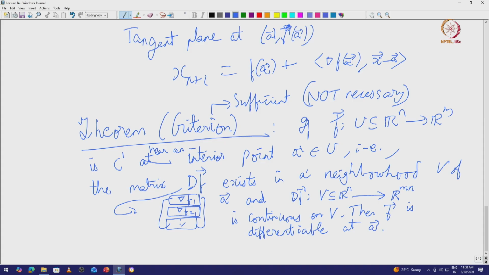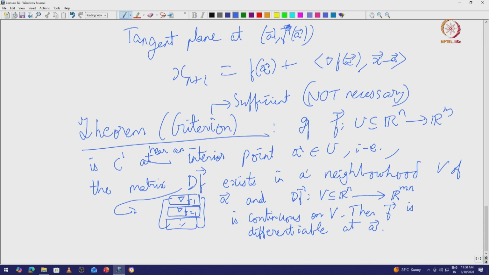So what I'm saying is simply this. If the partial derivatives exist, then the function need not be differentiable. We've already seen examples to that effect, because differentiability implies continuity, and partial derivatives existing is not good enough for continuity. Hence, differentiability is not implied merely by the existence of partial derivatives.